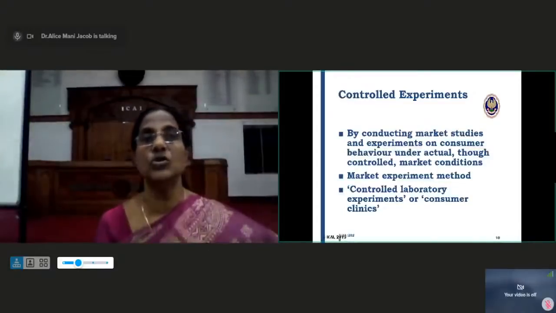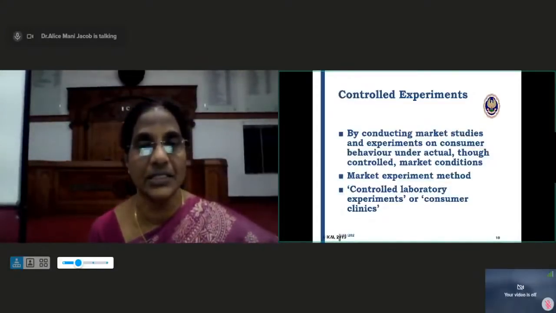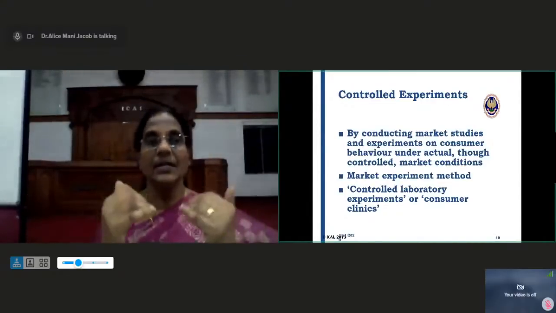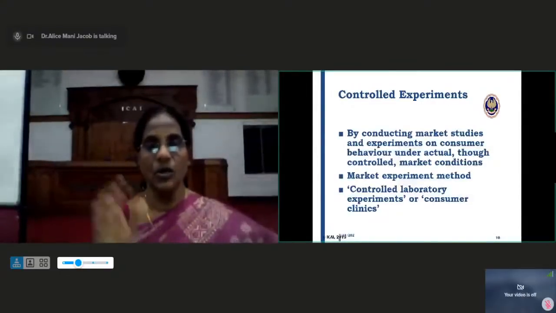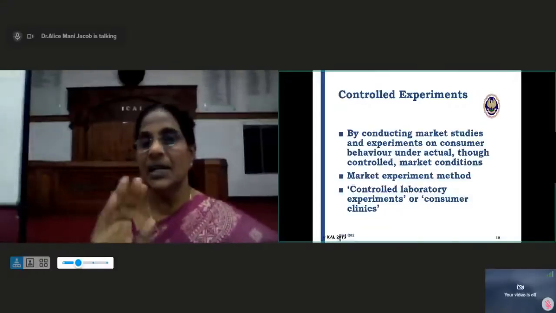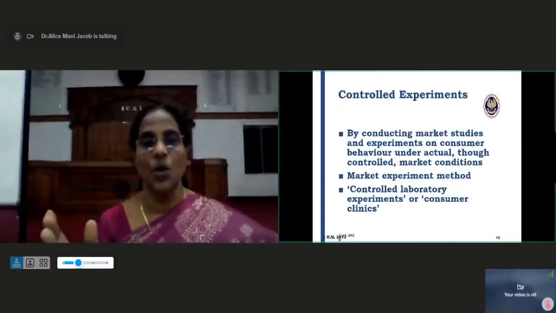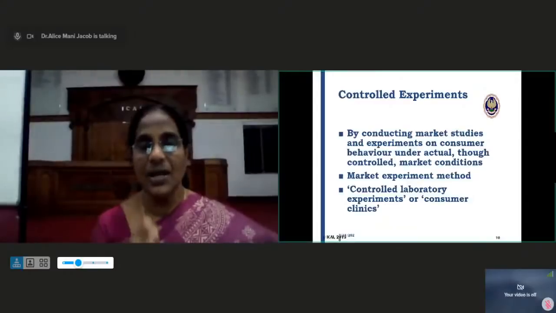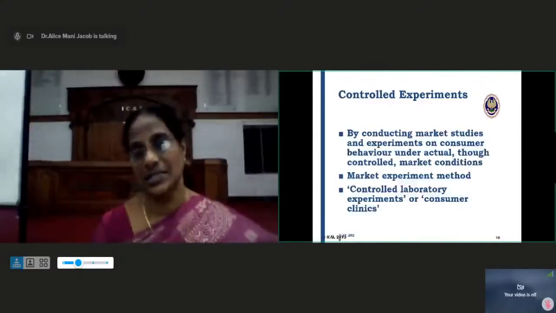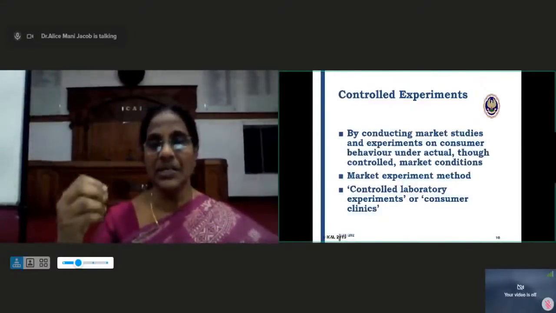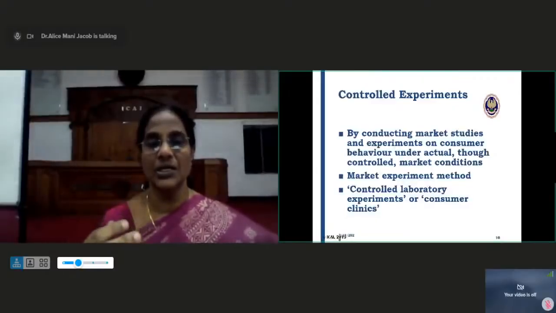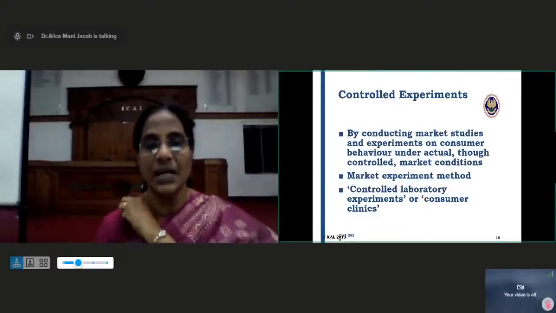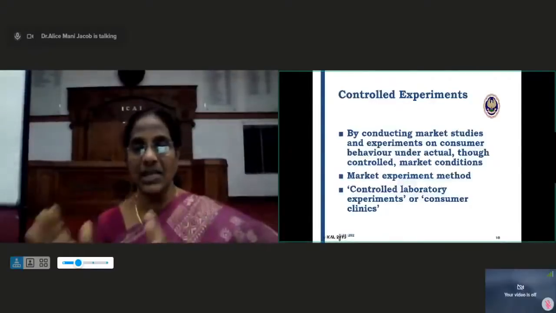For example, you choose a city like Hyderabad, where lots of different types of people are there, and you control certain conditions, you change the price and see what will be the effect. Different cities are chosen by producers and they do a market study by altering certain variables.